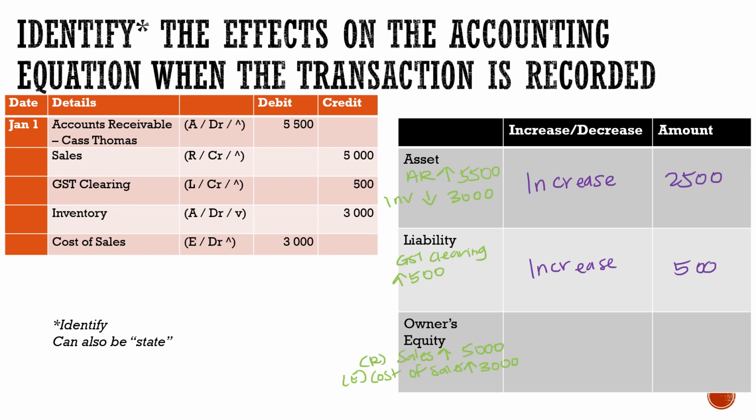Now, for owner's equity, there was an increase in sales and also a recognition of the expense, which is the cost of sales. So this shows us from this sale, we have a profit of $2,000, which will increase the owner's equity. So the overall effect on the owner's equity would be an increase of $2,000.